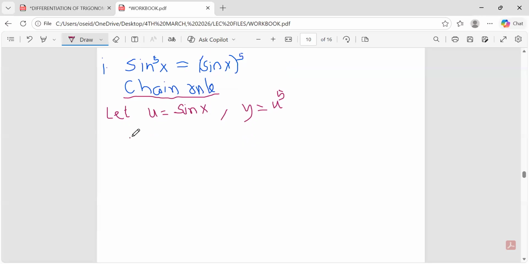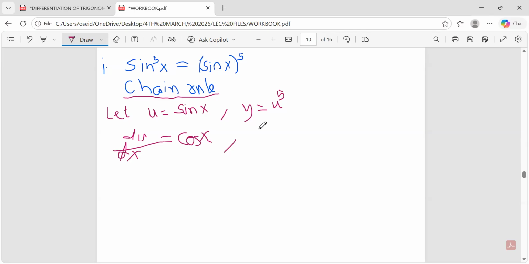So du dx. With du dx, we are going to get cos x, as we said earlier, that when you differentiate sine, you get cos x.